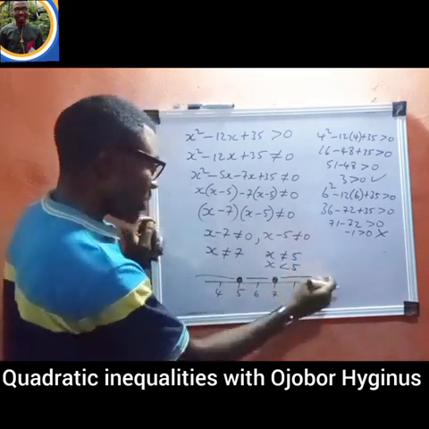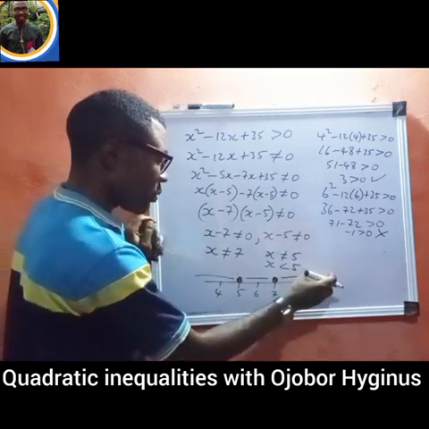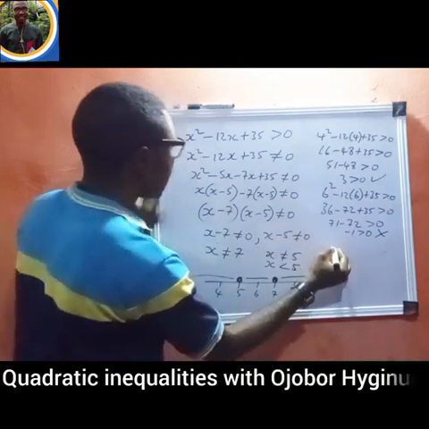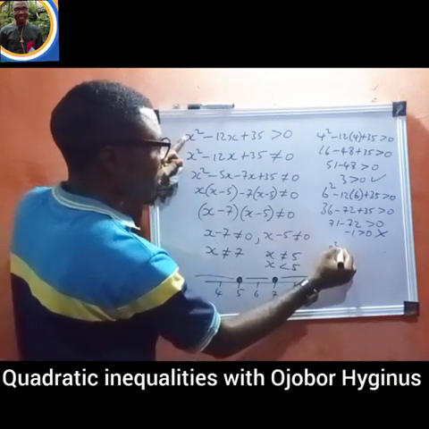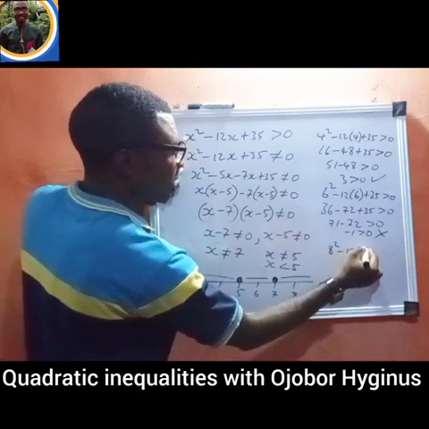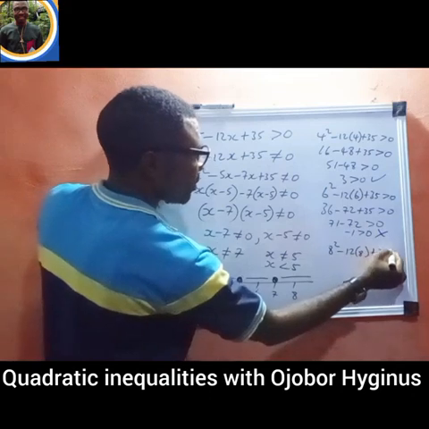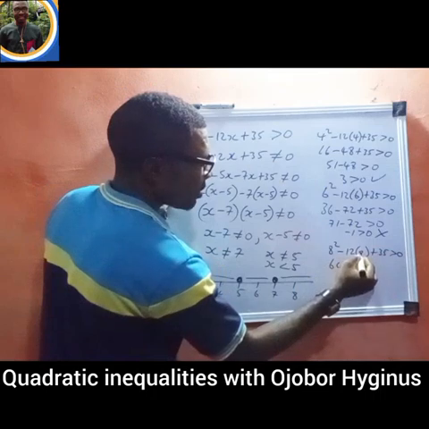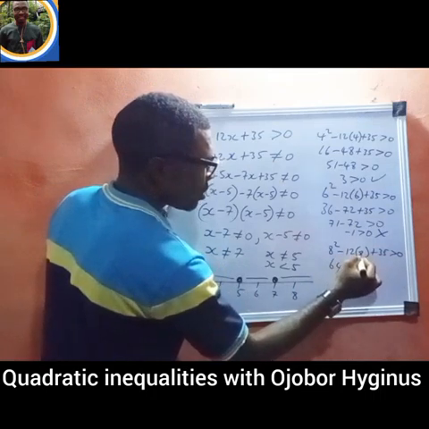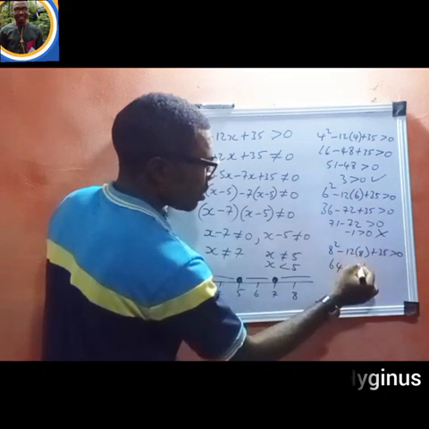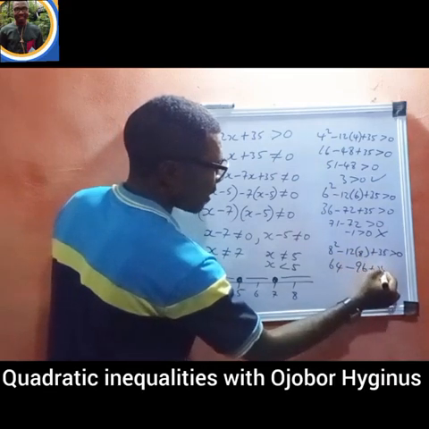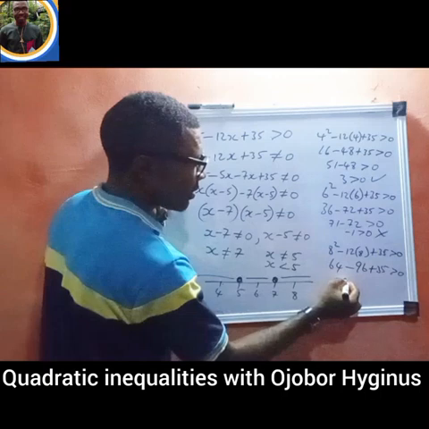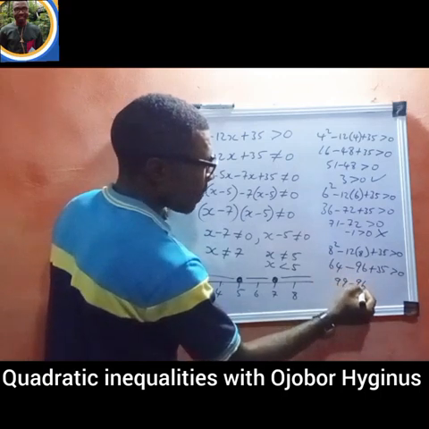Okay, let's check this other region for the second one. Above 7. Let's check this region. We can use 8. We'll use 8. Remember, this is what we're substituting. 8 squared minus 12 into 8 plus 35. Is it greater than 0? 8 squared is 64. 12 times 8 is what? 96 plus 35 greater than 0. 64 plus 35 is 99 minus 96.